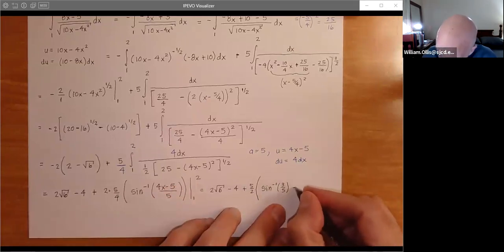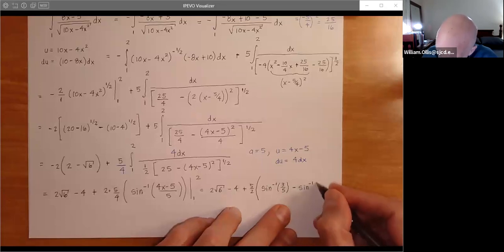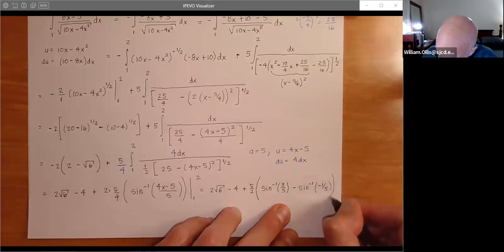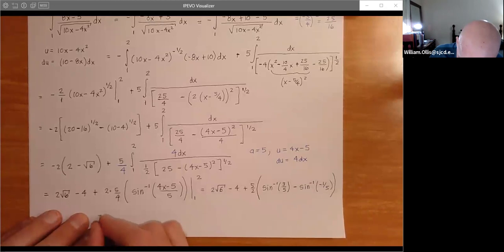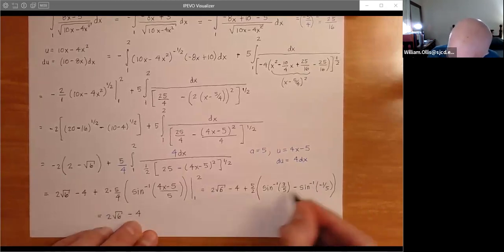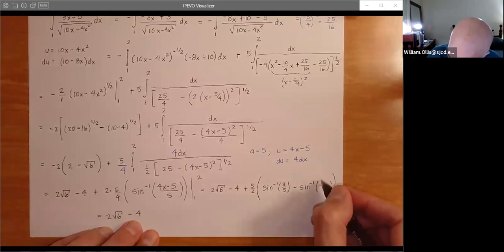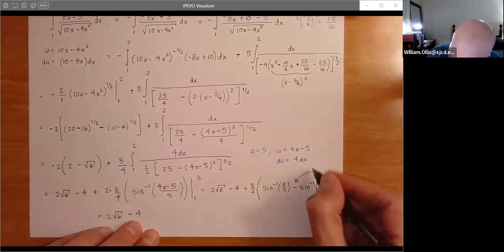And of course, remember, the inverse sine is odd, so the negative can factor if you like, just to make it look a little neater. Remember, inverse sine is odd, so the negative factors. So this will give us 2√6 minus 4. And then we can just go ahead and multiply this out. Of course, notice that the negative will extract because odd function.